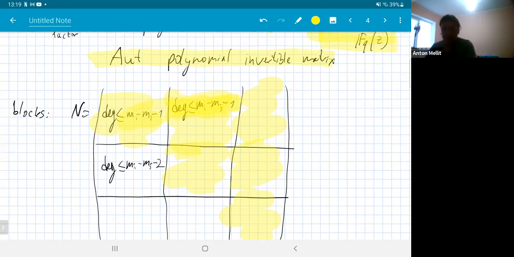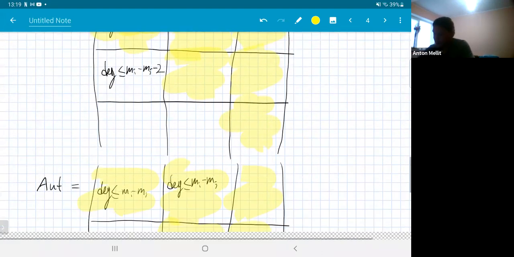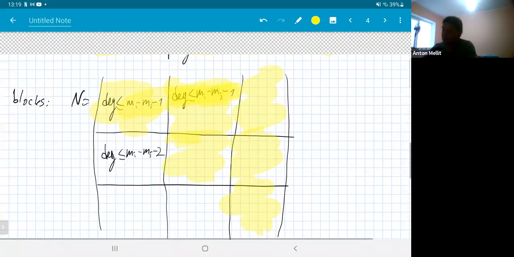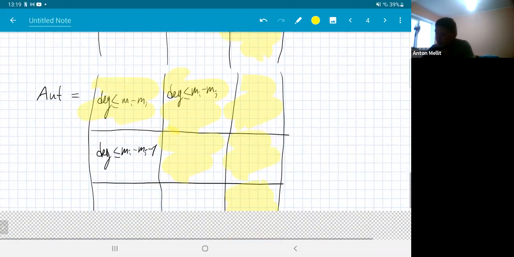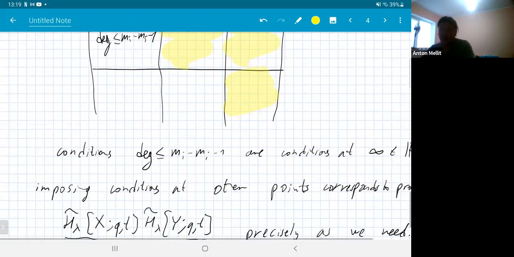That's a special case which also contributes, since it satisfies all the inequalities. So we count these block upper triangular matrices of polynomials where you have inequalities on the degrees of polynomials. So this is a formula for a single Macdonald polynomial.